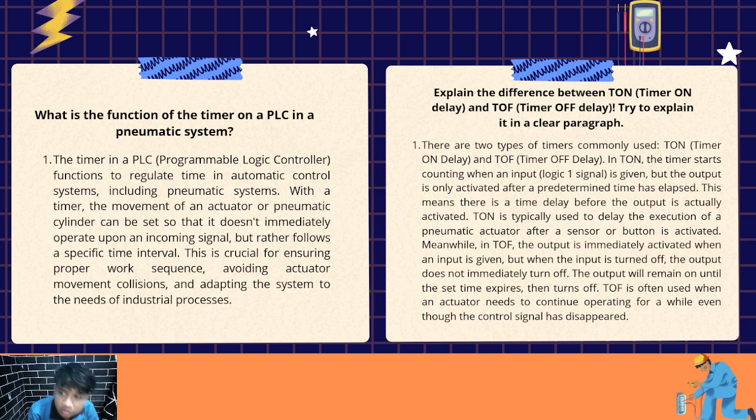In TON, the timer starts counting when an input logic 1 signal is given, but the output is only activated after a predetermined time has elapsed. This means there is a time delay before the output is actually activated.